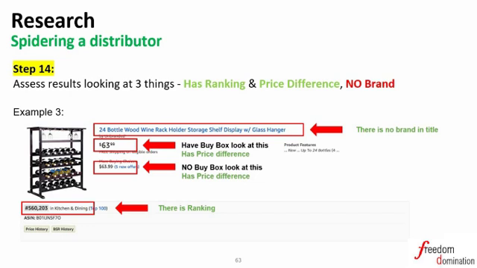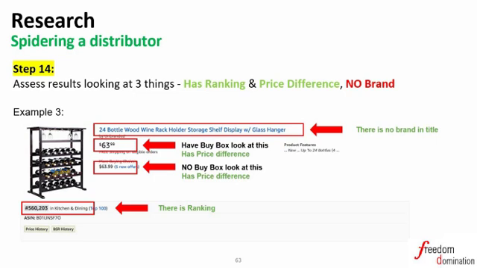Now at example 3, when we look at the title, there is no brand. And when we look at the price of $63.99 at the buy box price, there is a price difference.